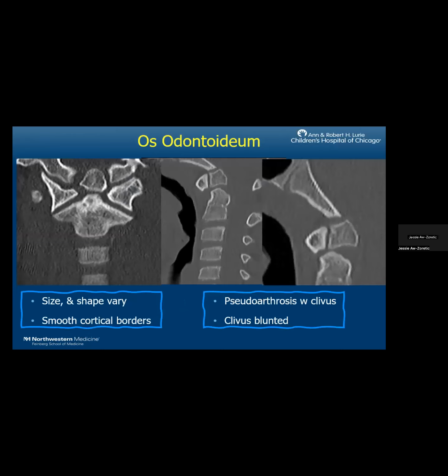So how do we recognize the os odontoideum? The shape and size can vary, but it has a very smooth cortical border. Also, the os is associated with more of a hypoplastic dens, right? So the actual dens is hypoplastic.